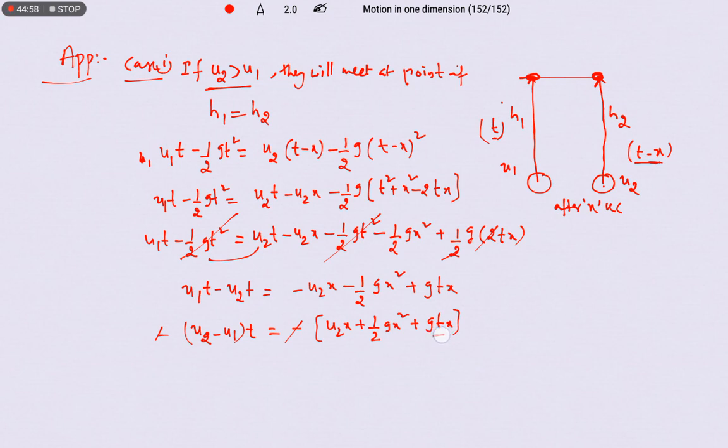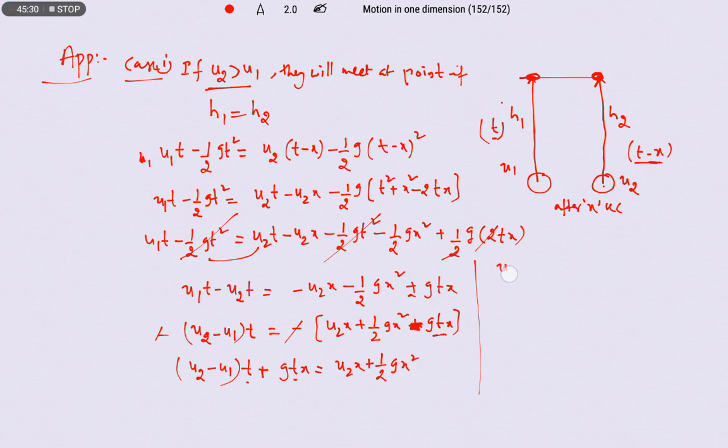Let us bring this t also to this side. (u2 minus u1) into t minus g t x is equal to u2 x plus half g x square. Sorry, here minus common we have taken, so taking the common minus, this side will be plus.